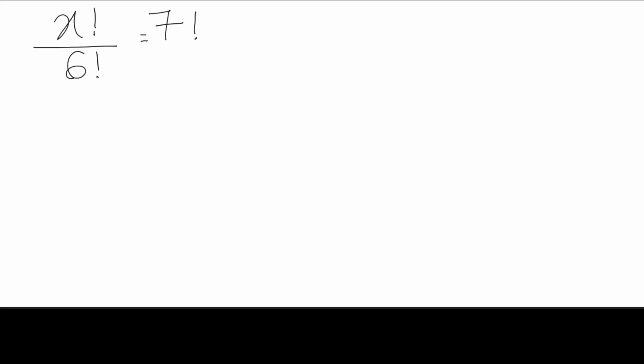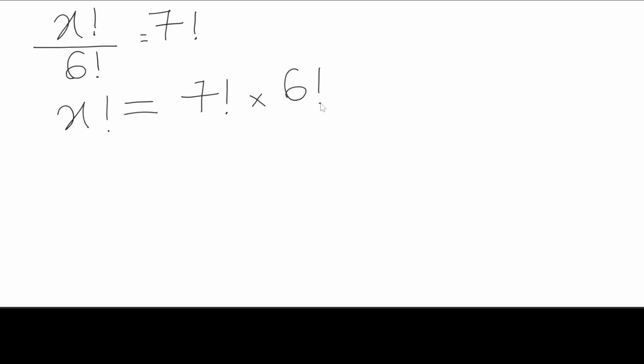What we're going to be doing here is cross multiplying. So after cross multiplication, we get x factorial equals 7 factorial multiplied by 6 factorial.